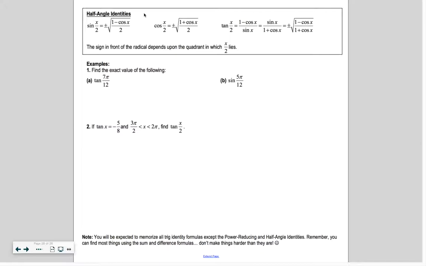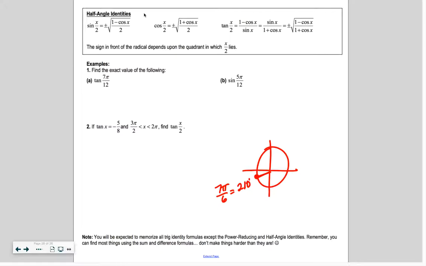So if I have tangent of 7 pi over 12, some of you guys have no idea what 7 pi over 12 is, but do you know what 7 pi over 6 is? Yeah, that's here. How many degrees is 7 pi over 6? 210. So how many degrees should be 7 pi over 12? How is that related? It's half of it, right? So 105.